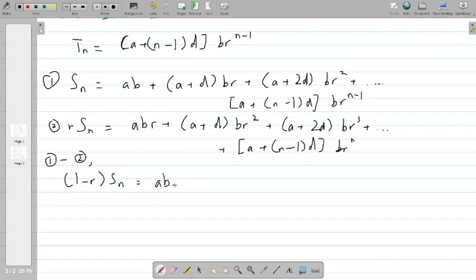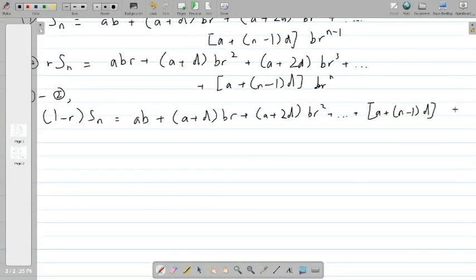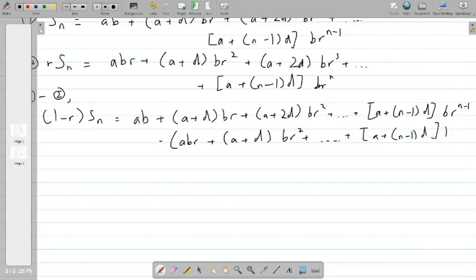We're going to have ab plus a plus d br plus a plus 2d br squared plus dot dot dot plus a plus n minus 1 d br^(n-1). And we're going to subtract all of this thing that we just added. So minus abr plus a plus d br squared plus dot dot dot plus a plus n minus 1 d br^n.